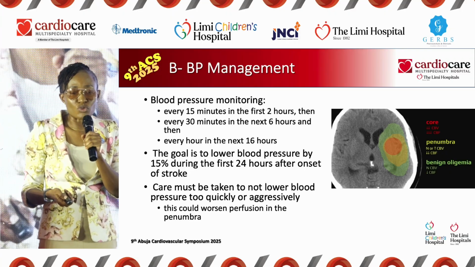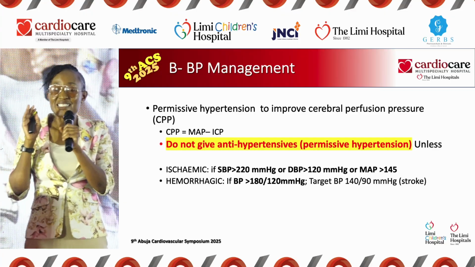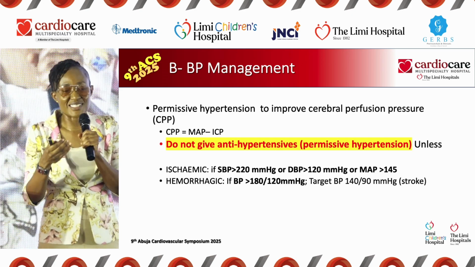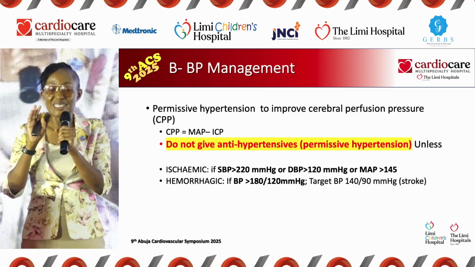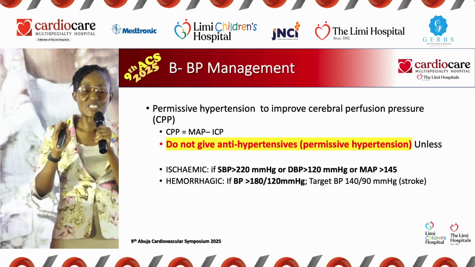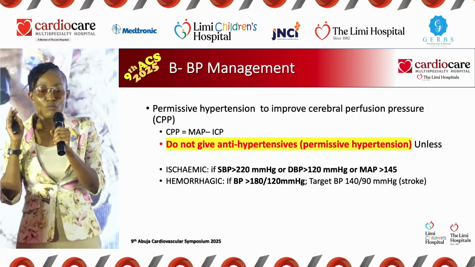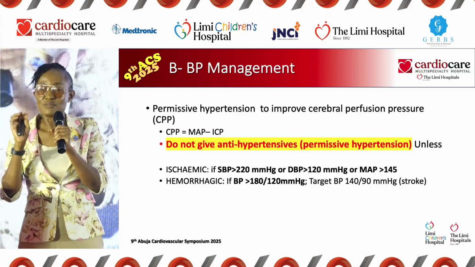So what we do in essence, just to make it clear, if it is an ischemic stroke, you can calculate the MAP and all of that, but just to make it easier and very straightforward, if the blood pressure is greater than or equal to 220/120, then you give parenteral antihypertensives immediately.